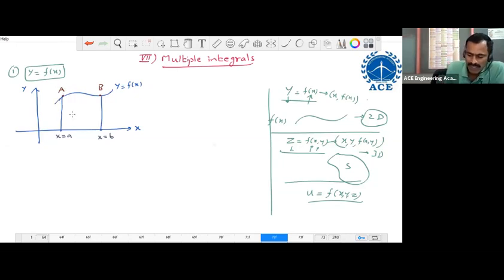Now we have a plane region here. This plane region is bounded by the curve, the x-axis, and the two lines x equal to a and x equal to b. Here we have the region R bounded by the curve, the x-axis, and the lines x equal to a, x equal to b.